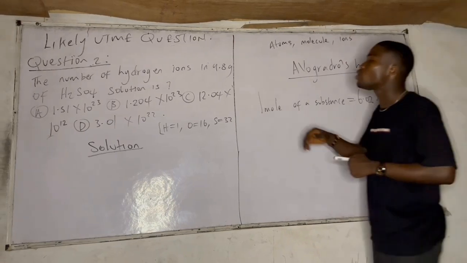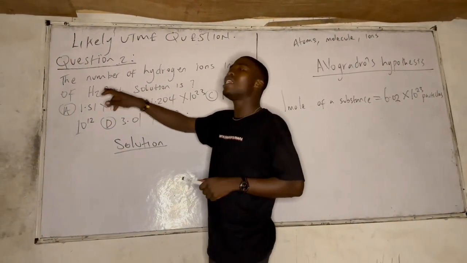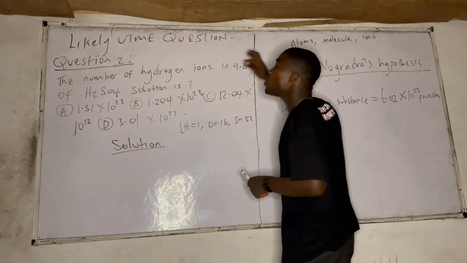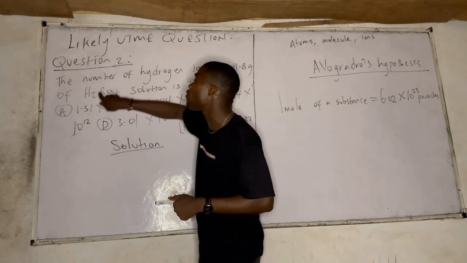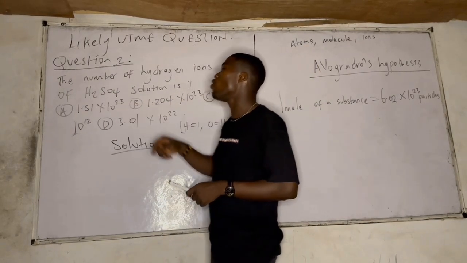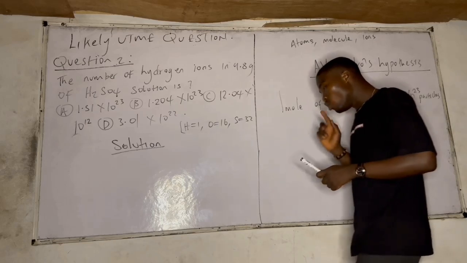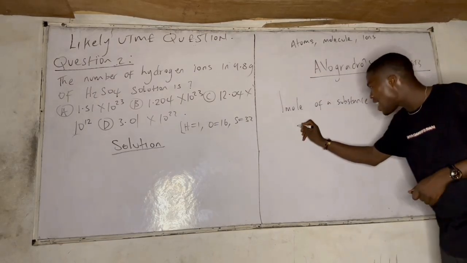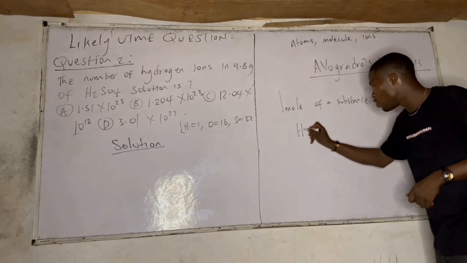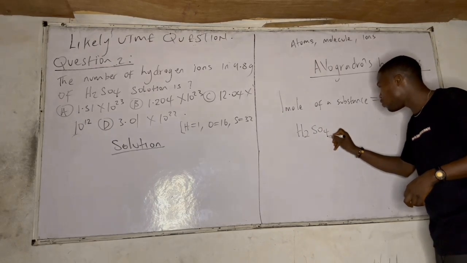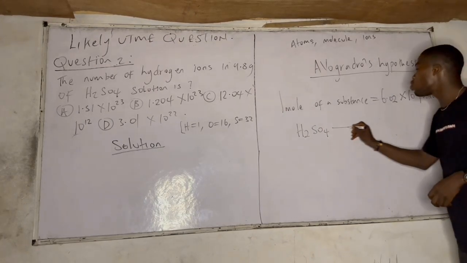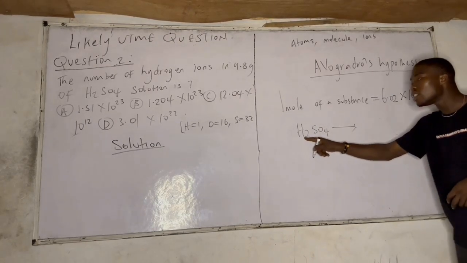Now let's look at what they give us. They give us H2SO4. I want to look at the number of hydrogen ions in H2SO4, knowing fully well that 1 molecule of H2SO4 contains 2 hydrogen ions, as you are seeing, H2.